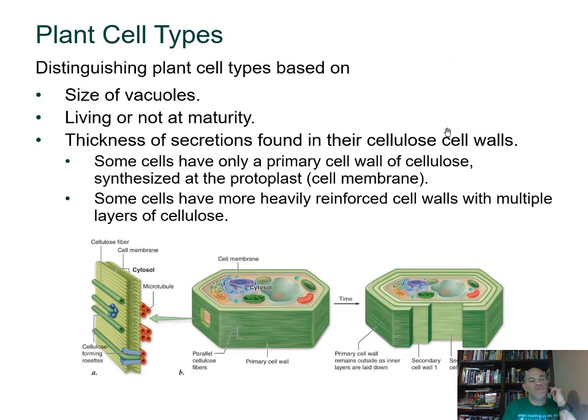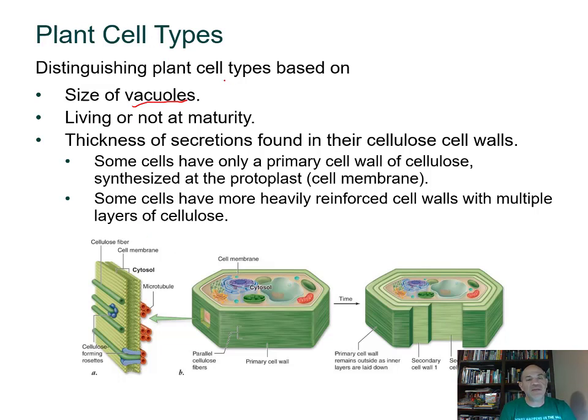So when we talk about the body of the plant, it's of course made of cells. It's a multicellular organism. Land plants are. And there are going to be different cell types. Now, we're going to distinguish between different cell types. They'll differ in their characteristics. One of the things that may differ between different cell types is how big the vacuoles are. Okay, so some may have larger vacuoles than others.